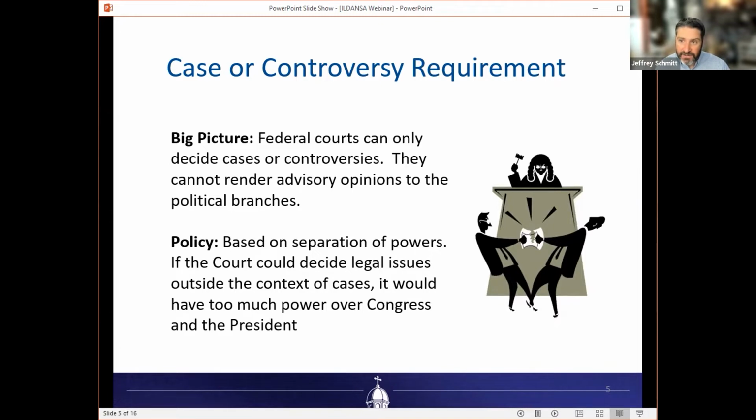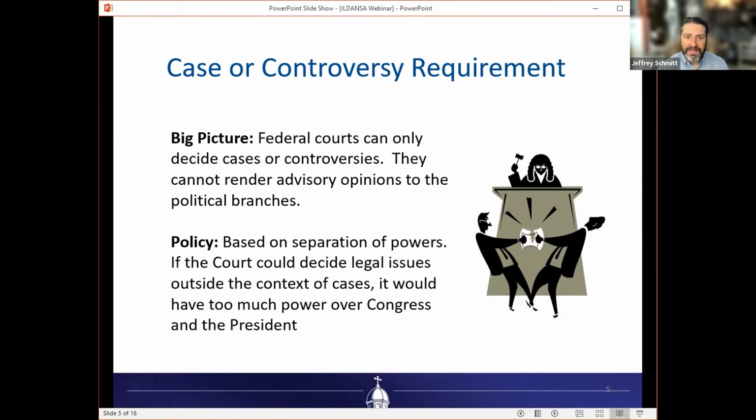Instead, Congress passes the law, the executive then either signs or vetoes the law, and then litigants, private parties, can bring lawsuits challenging it in the context of an actual case. The policy behind this, it's based on separation of powers. The idea is that if the court could just advise the president, the court could just advise Congress on what the Constitution says and what laws should be passed, that would give too much power to the court.